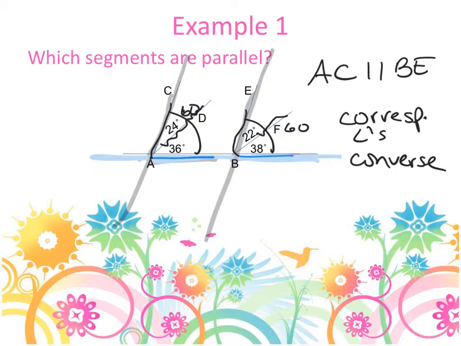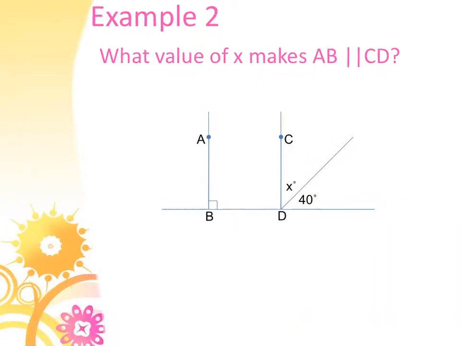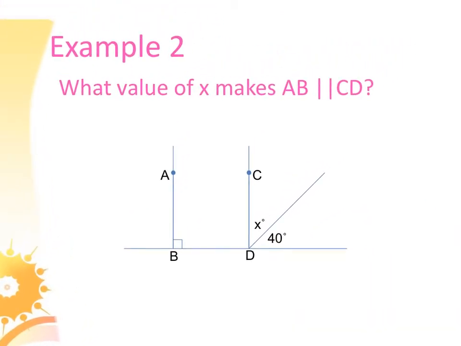Let's try the next one. What value of x makes AB, let's go ahead and highlight this, AB parallel to CD? So you can see you have right here the little right angle. And then if we wanted to figure out what would make them corresponding angles that are congruent, what would be my value of x?